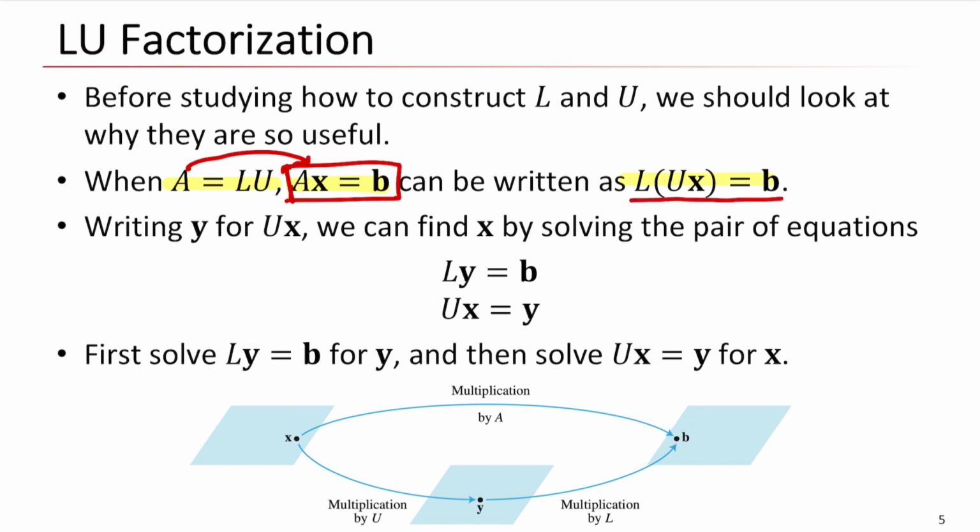Then we can introduce one more hidden vector y. Let's use a different color. Let y be Ux. Then we can represent the first equation as Ly equals b.